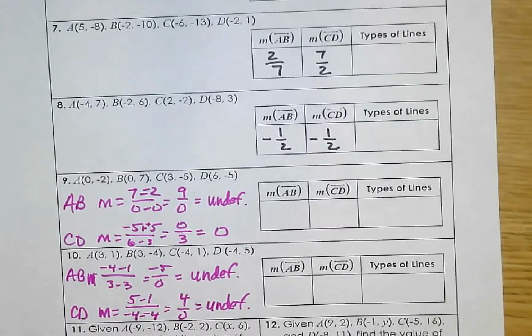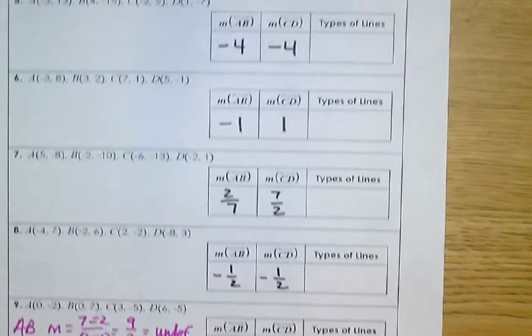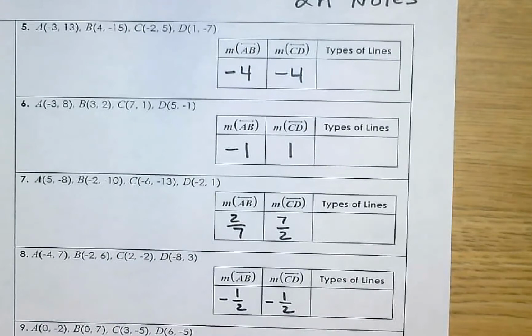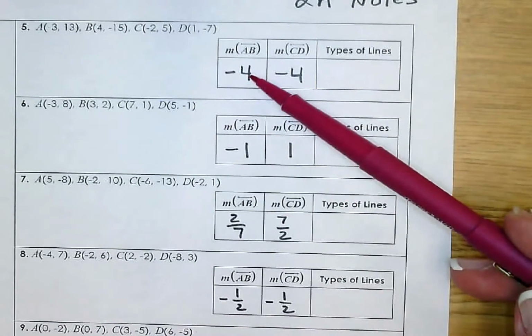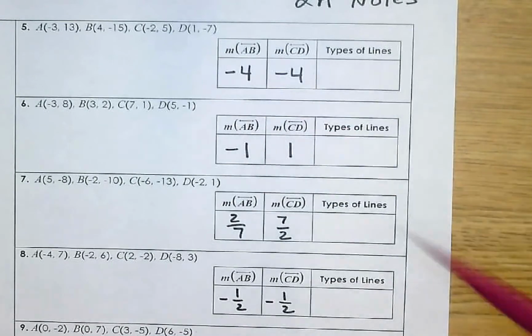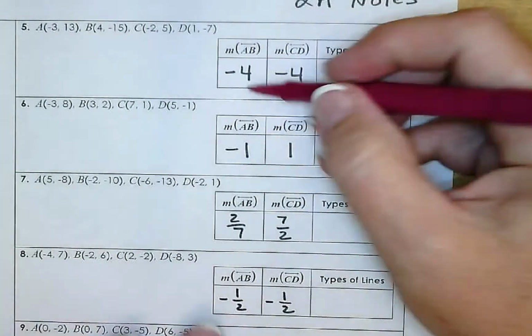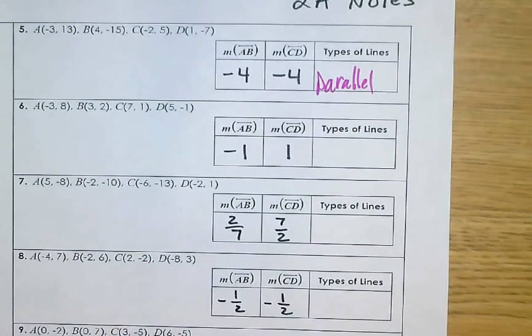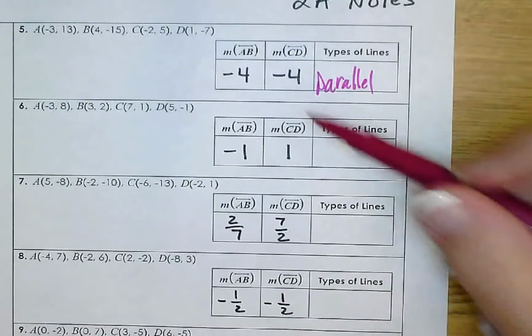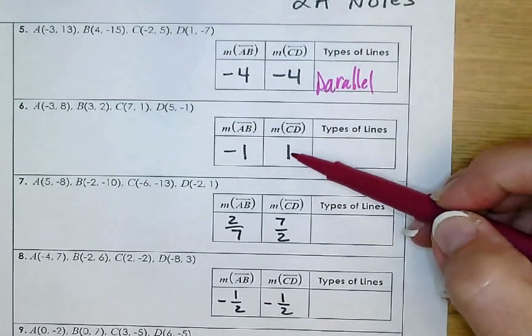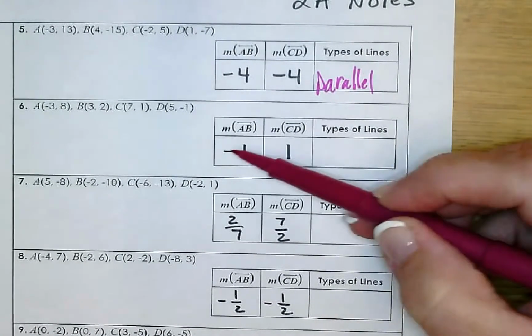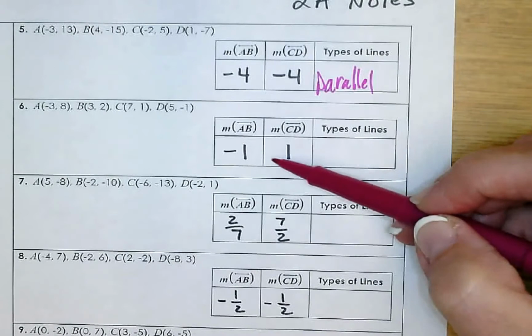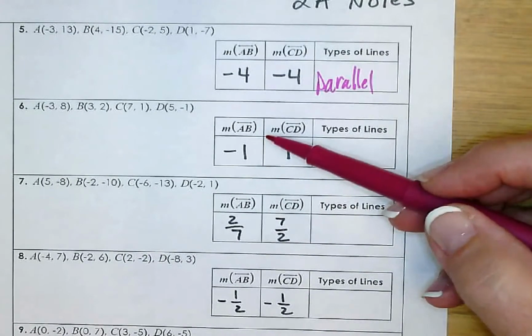All right, page 2, number 5. Again, I think you've had enough practice in finding slope, so I'm assuming you know how to do that here. The slopes for these two lines come out to be -4 and -4. Slopes that are exactly the same are parallel. The lines are parallel. Number 6, the slope of 1 is -1. The slope of this line is +1. They are opposite signs, and they are the flip of each other, which is like 1/1.